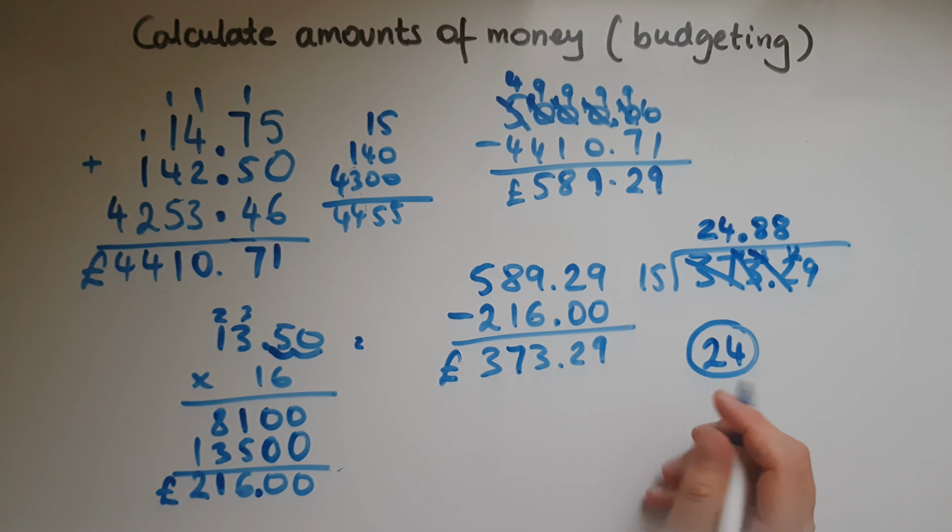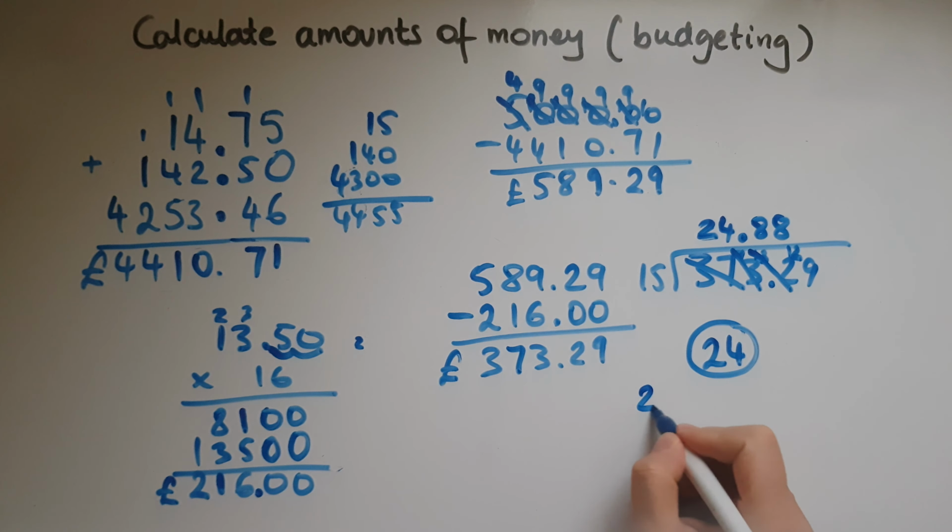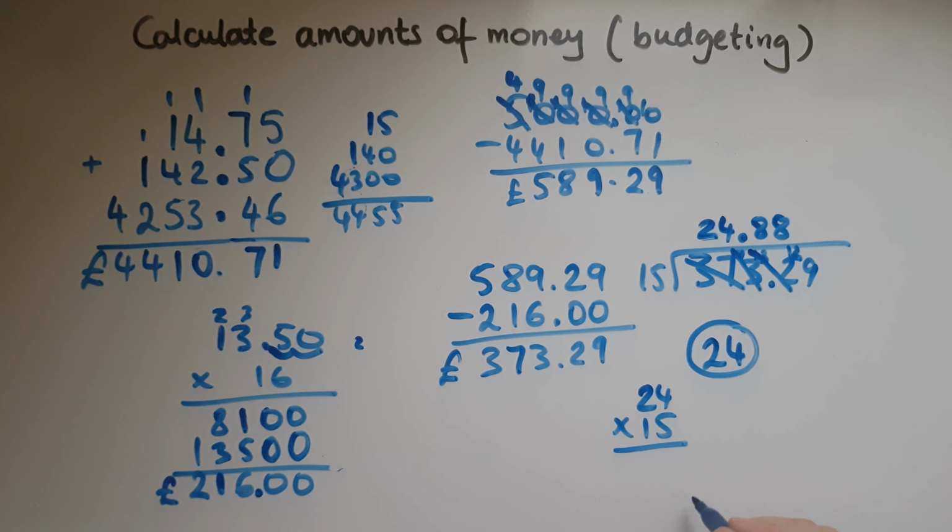So 24 times 15, which is the cost of each book. So we go 20, 12. So we put a 0 down, 4, 2, 0, 6, 3.